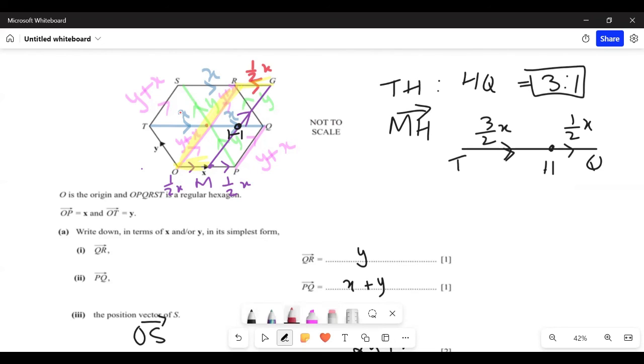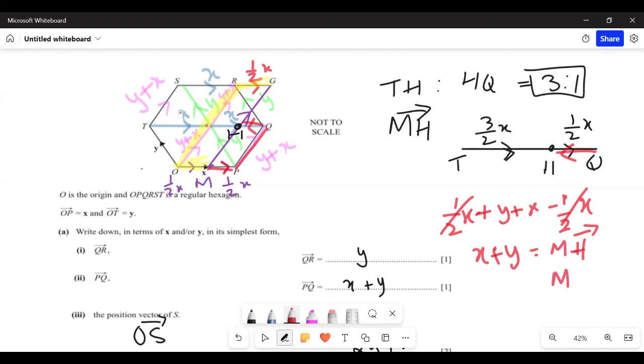So again, we're going from M to H. I am going to go from here to here, which is half X. Then up from here to here, which is Y plus X. And then back this way, and this would be minus half X. So I'm getting X plus Y for MH.